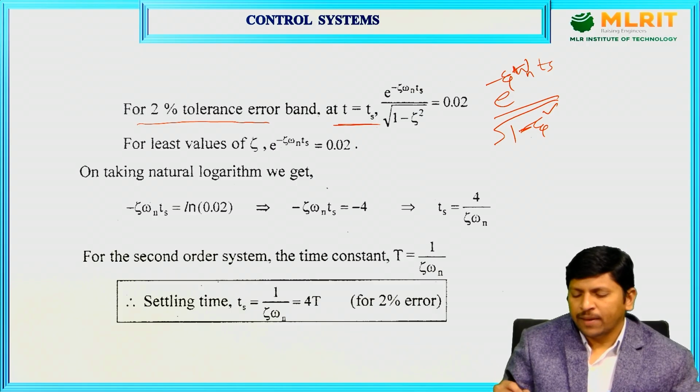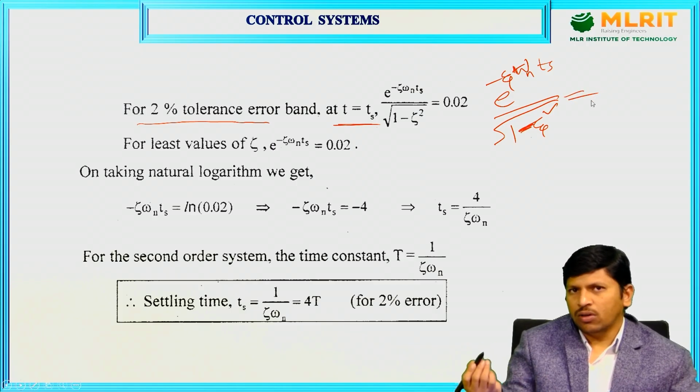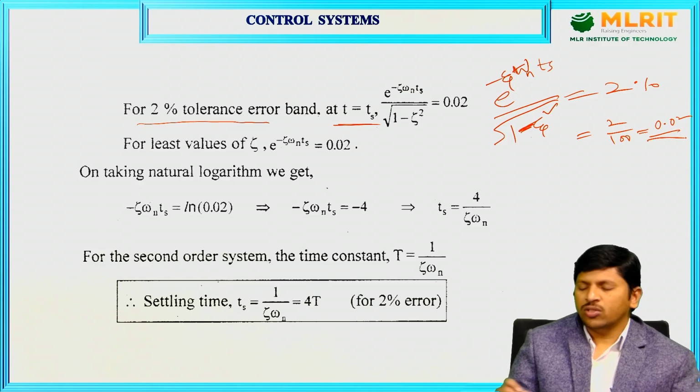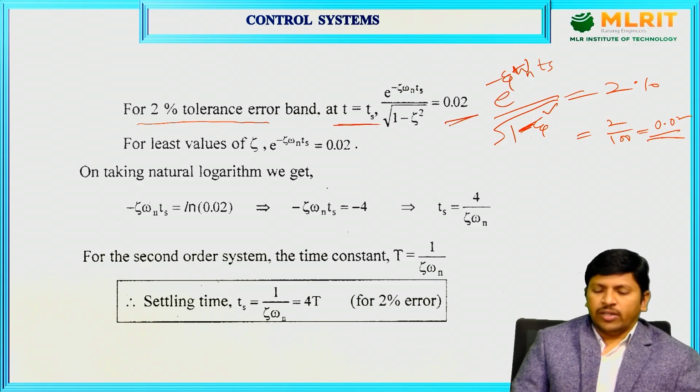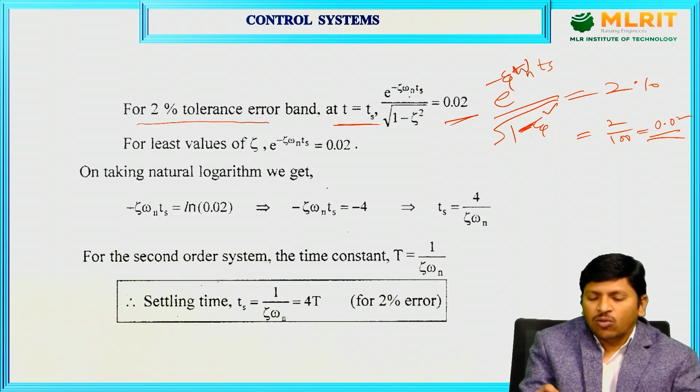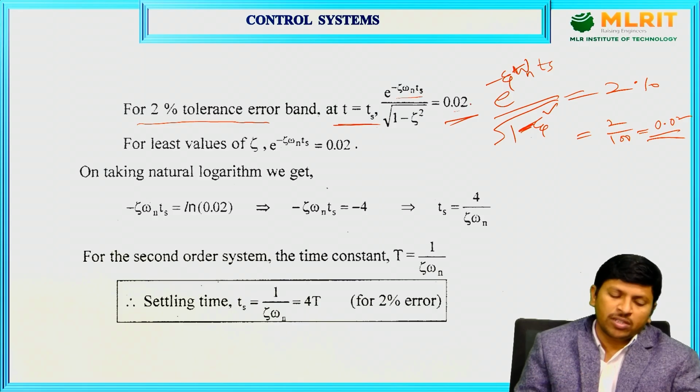This is equated to the percentage tolerance. 2 percent is nothing but 2 divided by 100, that is 0.02. So at t equals ts, e power of minus zeta omega n ts divided by under root 1 minus zeta square equals 0.02.